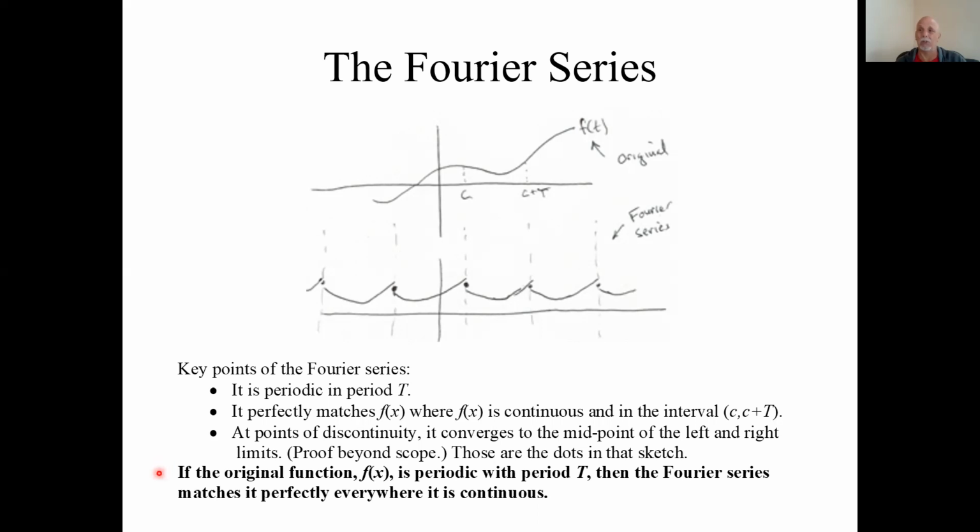If the original function was periodic with period T, the Fourier series would match it perfectly everywhere where the original function was continuous. So in this example, the original function is not periodic, but say it was just this part repeating. The Fourier series converges to it everywhere except discontinuities.